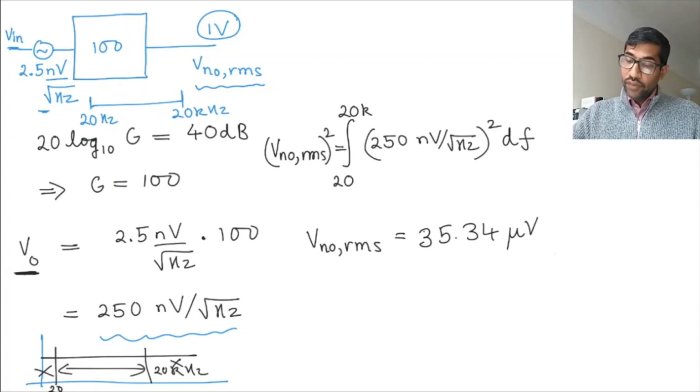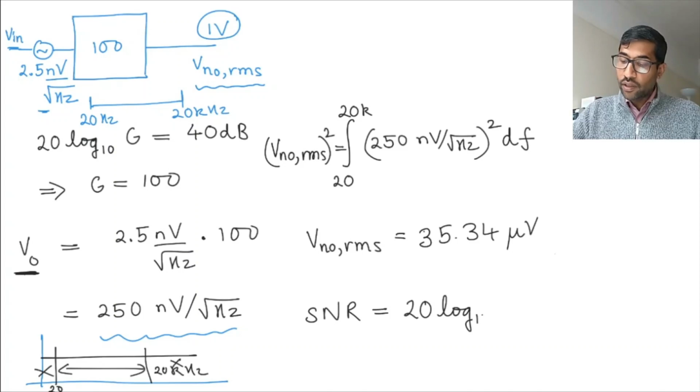So now you have the output RMS noise, you have the signal voltage, and therefore you can find the SNR. Let's say you want to find the SNR in dB, and because we have the RMS voltages, it's 20 log 10, and let's assume that this 1 volt that is given is an RMS voltage of the signal.